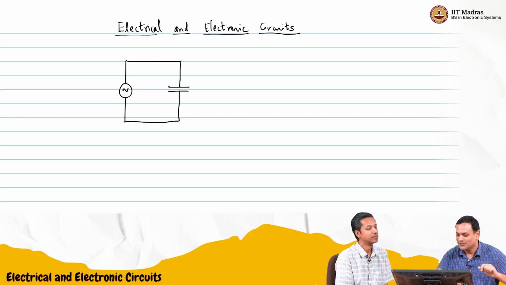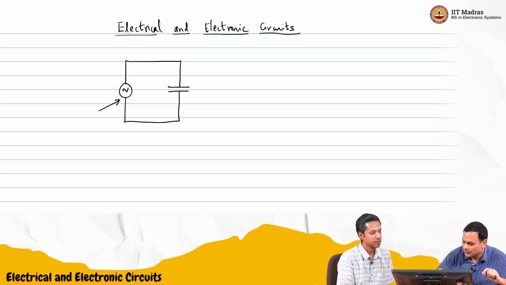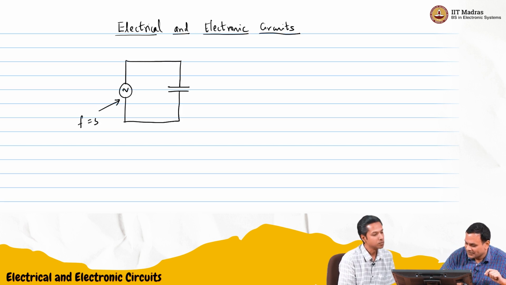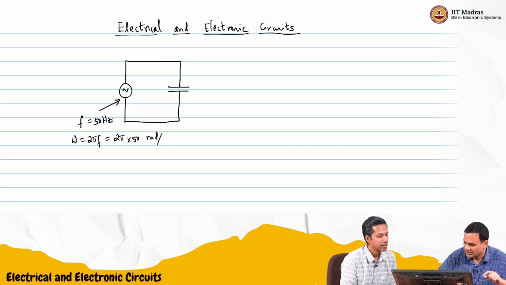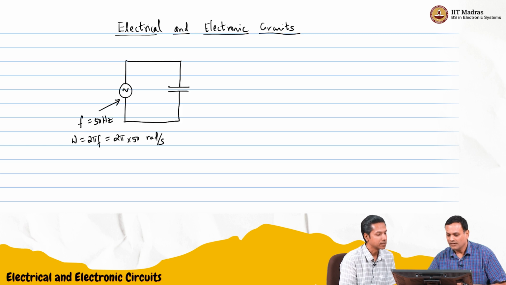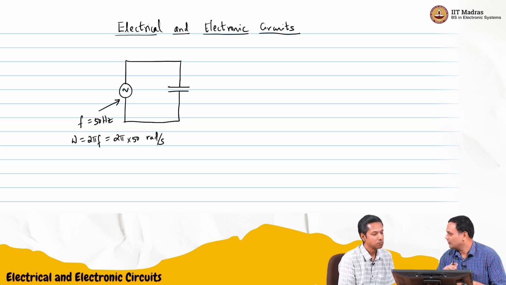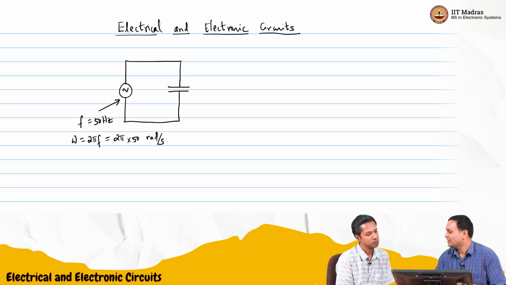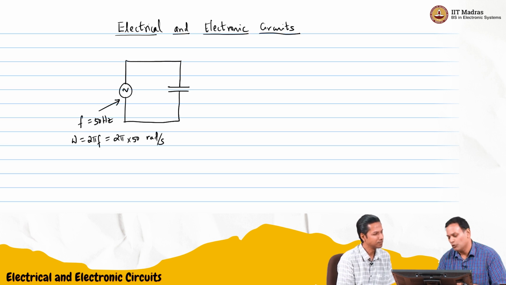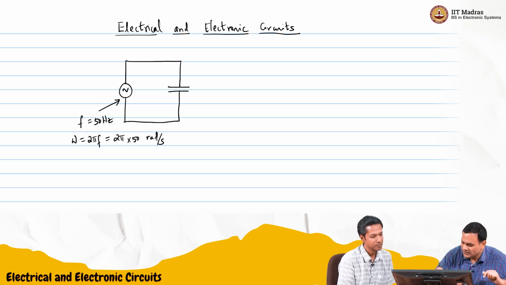So the frequency is 50 hertz, which means omega is 2 pi f, 2 pi into 50 radians per second. What is the amplitude of the source? 4 volts. So we'll say this is 4 sin omega t.